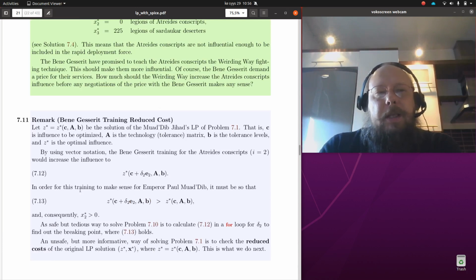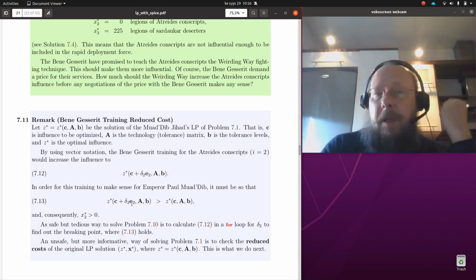So this 7.13 here. On the right hand side we have the original influence of our rapid deployment force. So here we calculate the influence of the rapid deployment force when everything else is unchanged except that the influence of the Atreides conscripts is increased by delta 2. So this is what the C plus delta 2 E2 means, as we just saw.